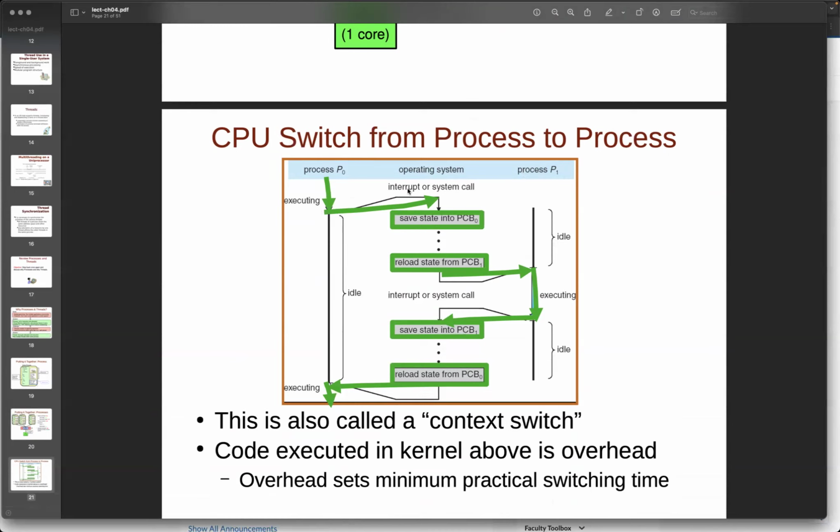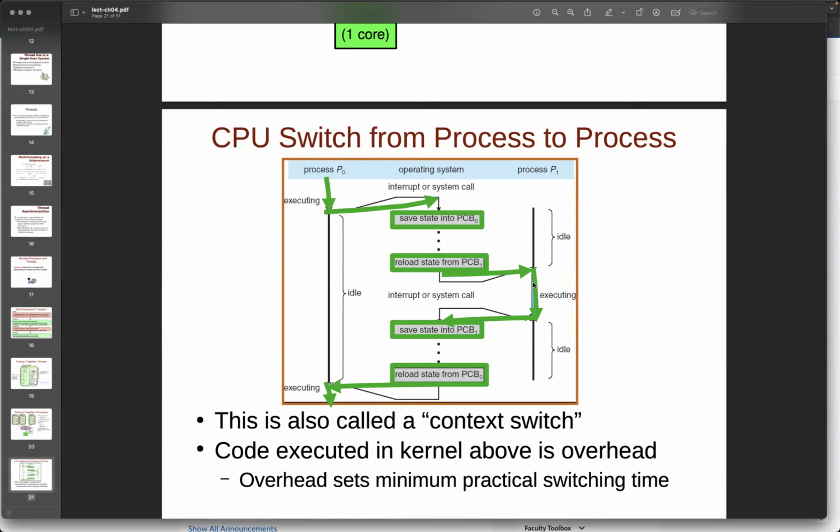If we get a certain timer interrupt or a system call, I will save the state to PCB0 and keep running something, and at this moment P1 is still idle. Then there is no state interrupt, and we go back and reload the state from PCB1. So I get it back and executing, and within that time P0 is idle, so it's not doing anything.